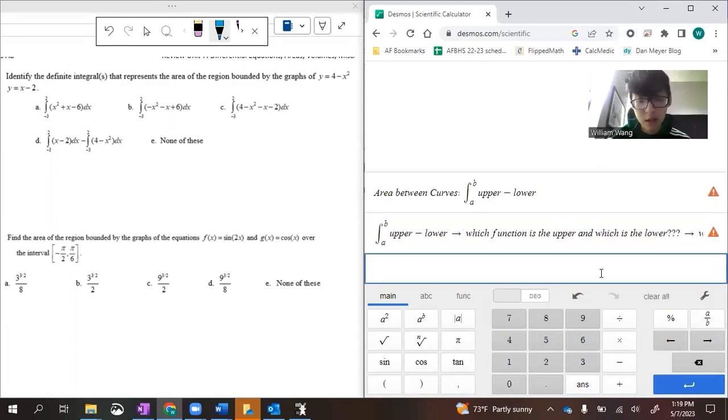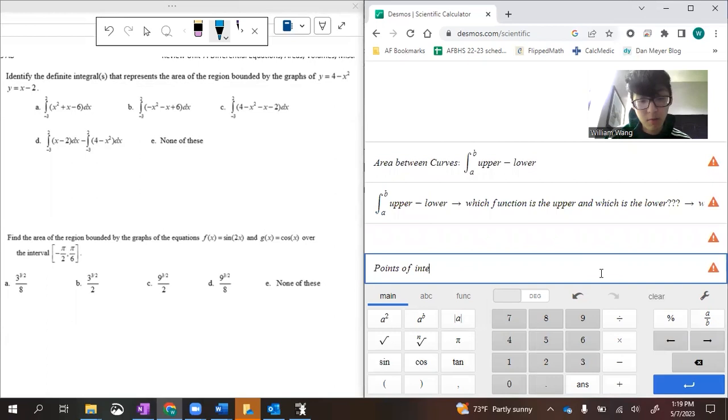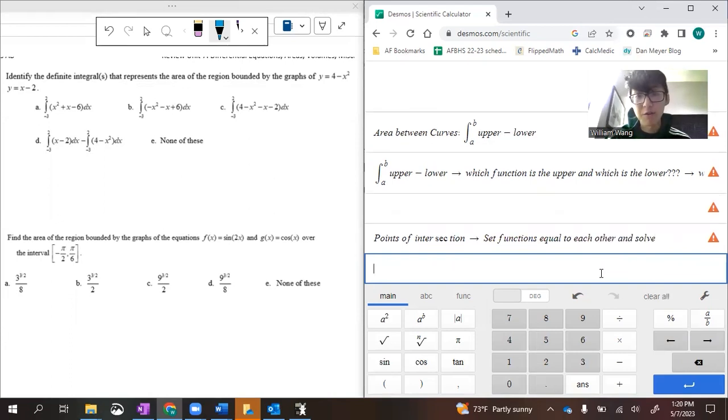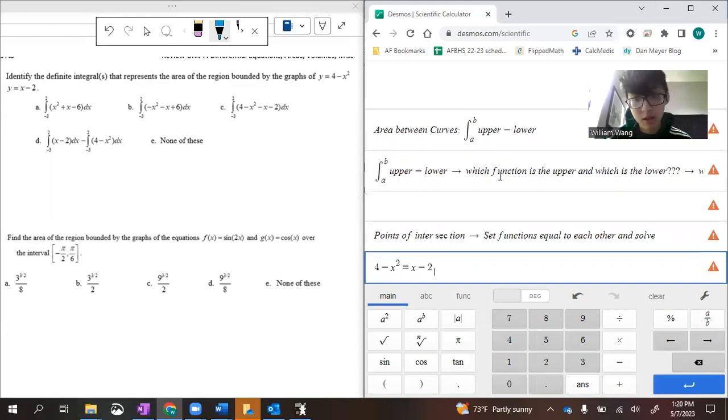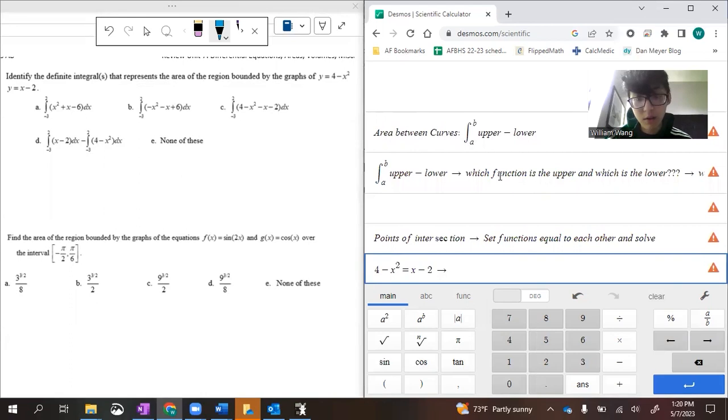So first step, I'm going to find my points of intersection. How do I do this? Well, to find my points of intersection, I set the functions equal to each other and solve. So let's take my two functions, 4 minus x squared. I'm going to set it equal to x minus 2, and then I'm going to solve it here. So just bear with me as I solve this. I'm going to move everything to the right side.